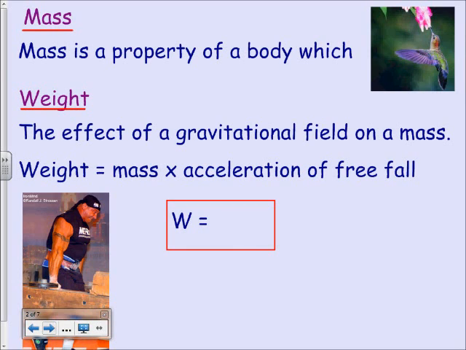All right, mass is a property of a body, and we'd find the rest of that statement in our learning outcomes. Probably, let's have a look, about almost halfway down, which resists change in motion.